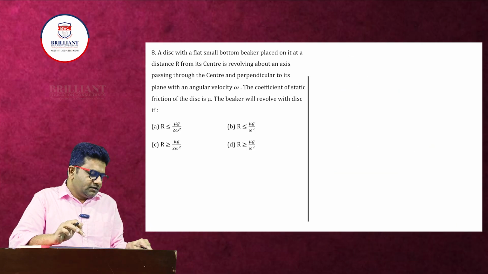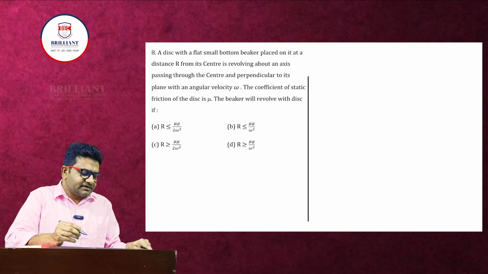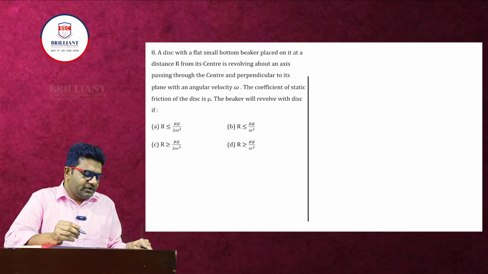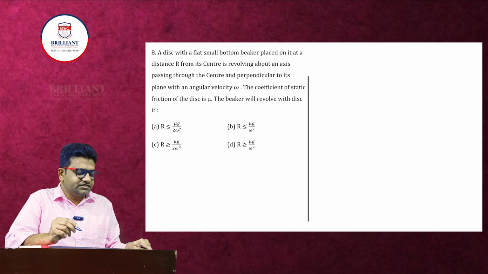Next question. A disc with a flat small bottom beaker placed on it at a distance r from its center is revolving about an axis passing through the center and perpendicular to its plane with an angular velocity omega. The coefficient of static friction of the disc is mu.